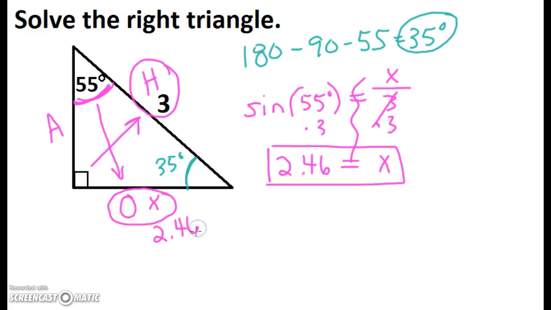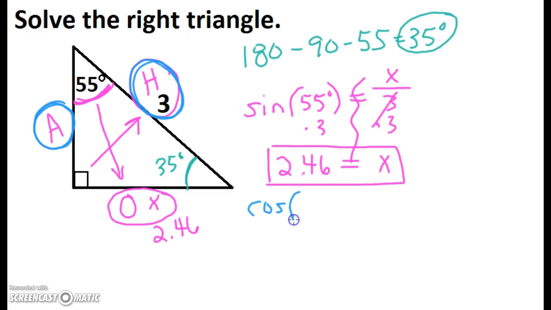All right, now I'm going to get a different color. Okay, and we're going to solve for A now. So this time I still have H, and now I want to solve for A. So which trig ratio uses H and A? Well, that's cosine. So now I'm going to set up a new problem.